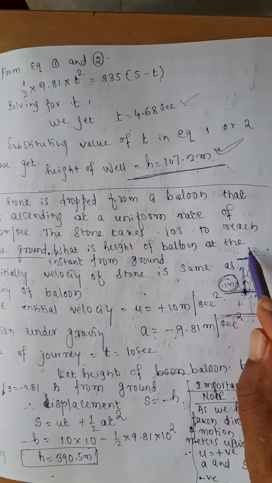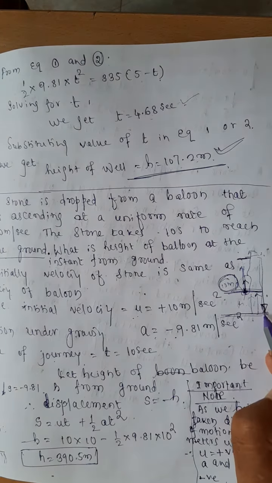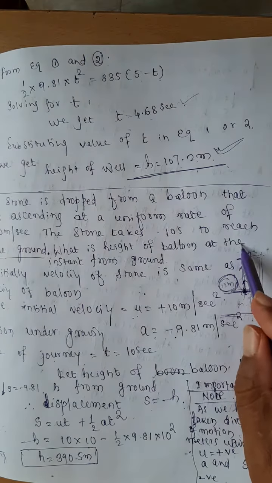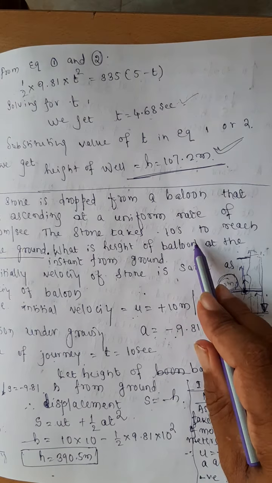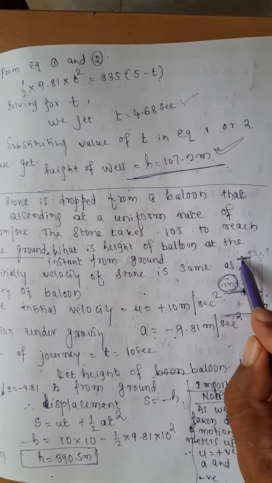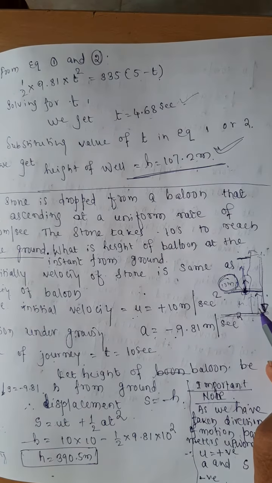Its velocity becomes 0 and afterwards it will start moving in the downward direction. This total journey time is 10 seconds. The stone goes up and comes down. All right, but you can do all this in a single step.